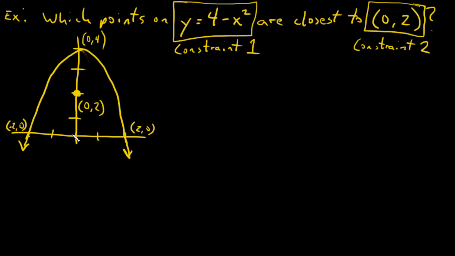What points on this graph are closest to nothing? I need two things for this to make sense. If I had just this one, what points are closest to this point? Well, I have no function to find. So when you're trying to find the closest point on a function to a given point, you have to have both of these constraints present in your min-max expression, okay?